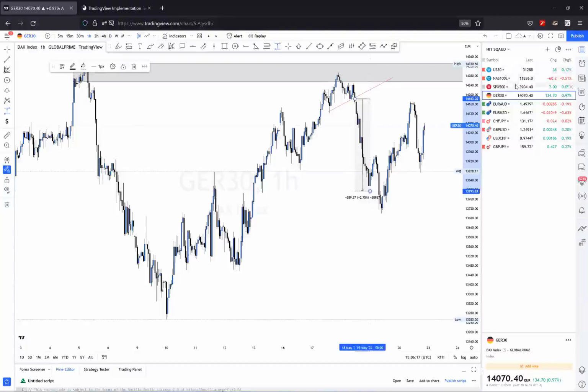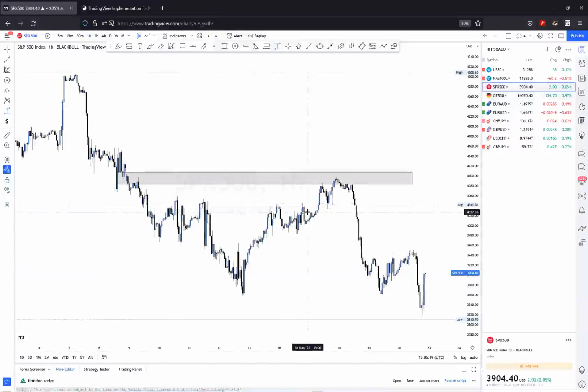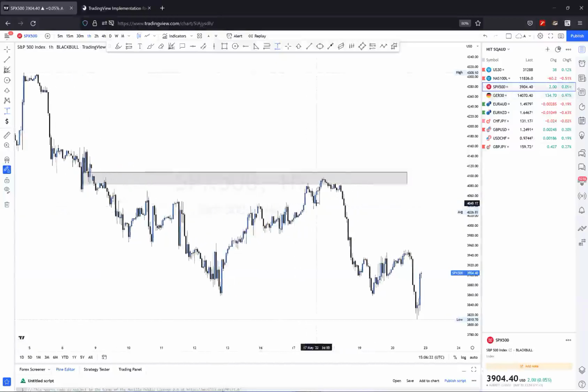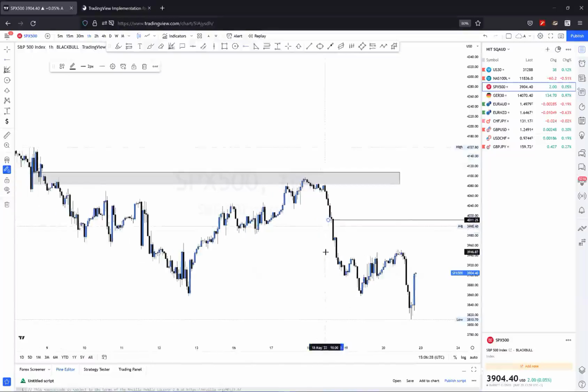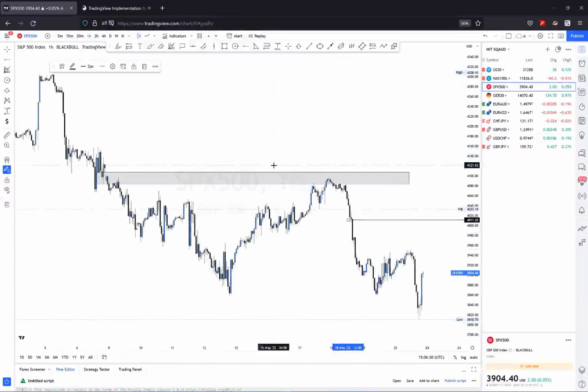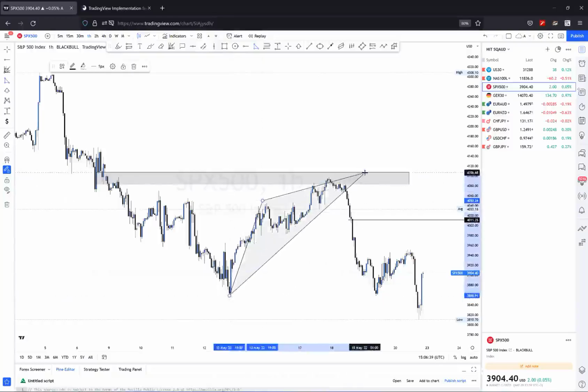And the last one was S&P 500. For S&P 500, I only posted it on my IG. I think the time I posted it on my IG, it had already dropped to this level here. So I don't know if anyone took the trade, but it was quite late. So that had a similar robust pattern here, but we have a test of the gap here.